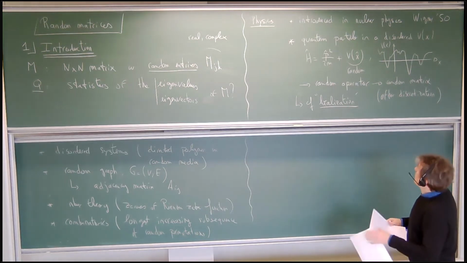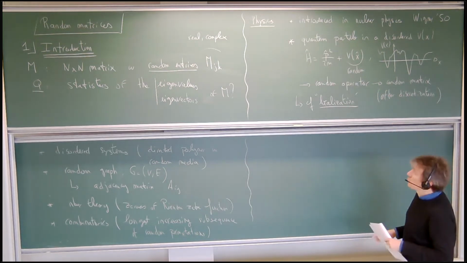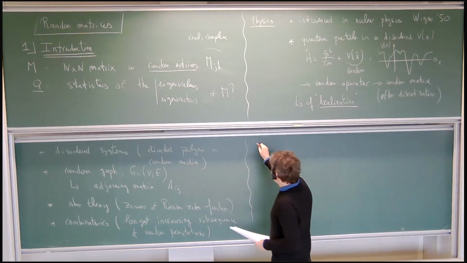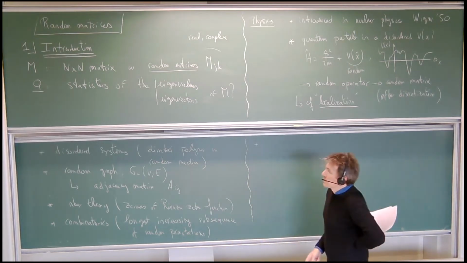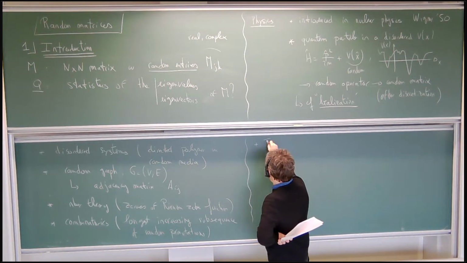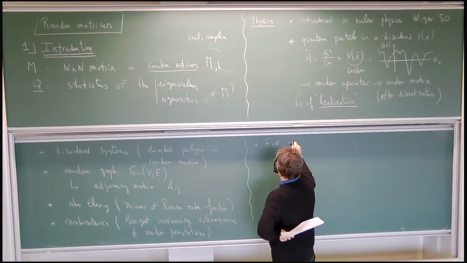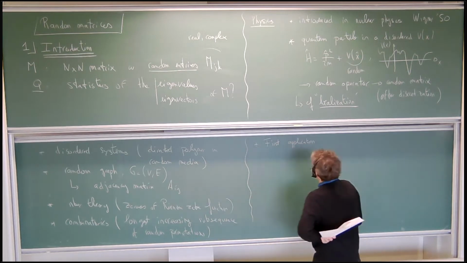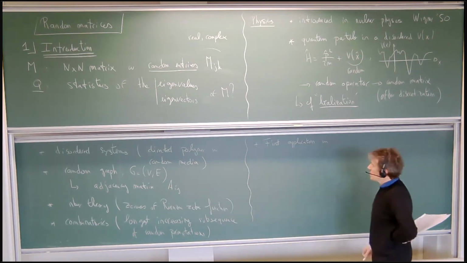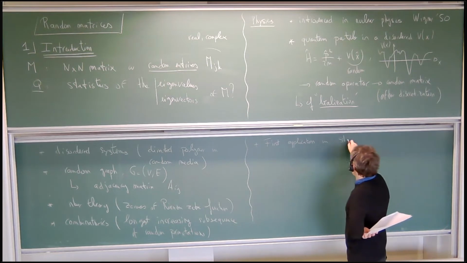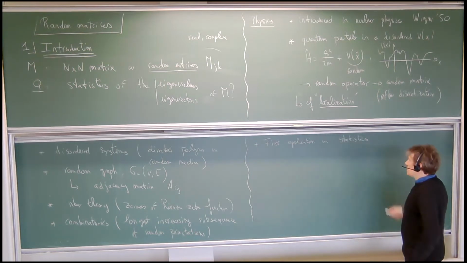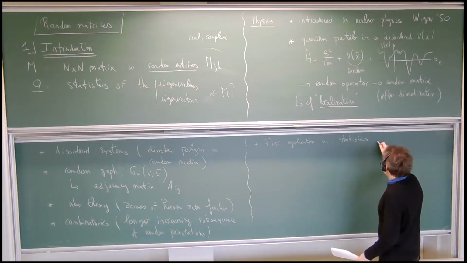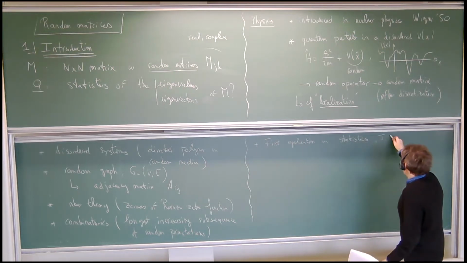Now, I mentioned Wigner in the 50s, but it turns out that, and I will just end up with that, the first application of RMT, as far as I know, and as far as people usually refer to it, was actually in statistics, in the late 20s by John Wishart.